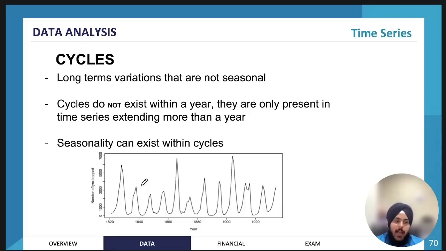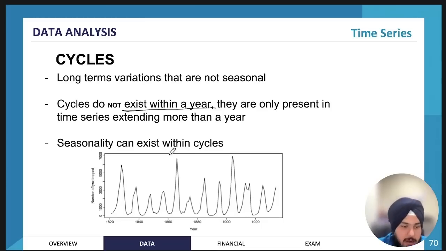This is different to a cycle, because although a cycle does have ups and downs, this sort of variation occurs across a variety of different years. So although there are peaks and troughs, they're not going to occur within the same year. They're going to occur across a range of years.